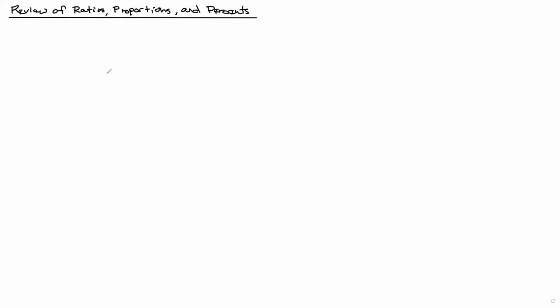Hello. In this video, we're going to cover a brief review of ratios, proportions, and percents. So let's start off with a ratio. A ratio is a fraction that compares two quantities.